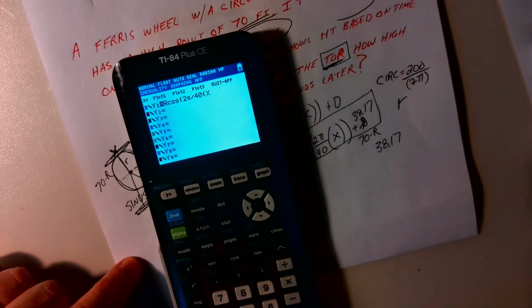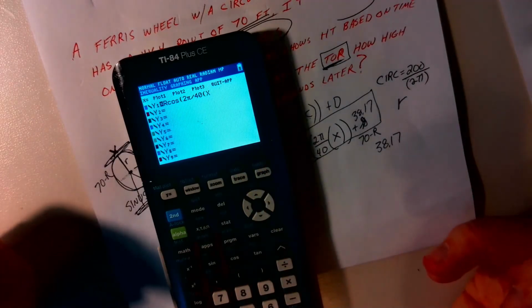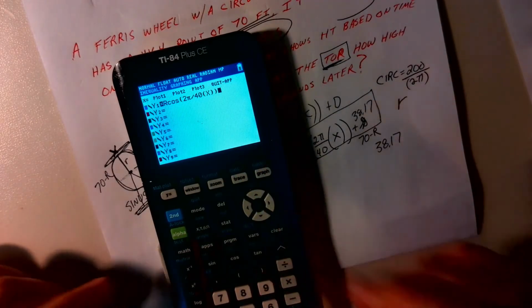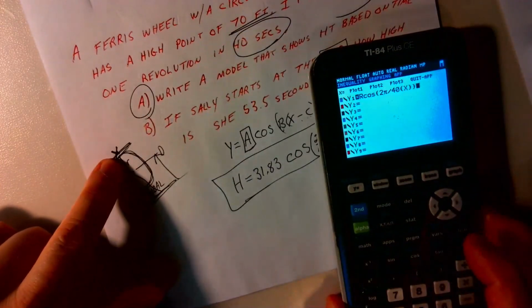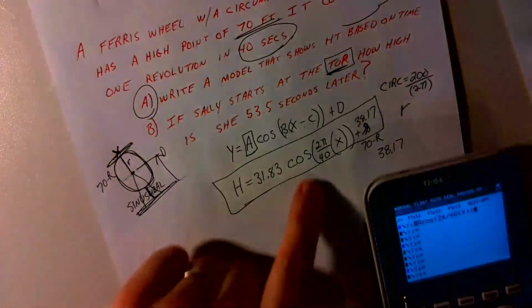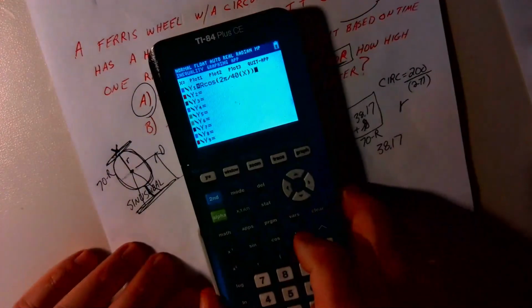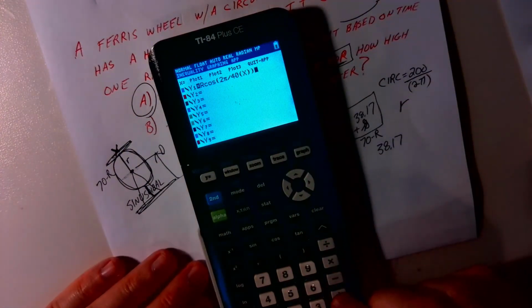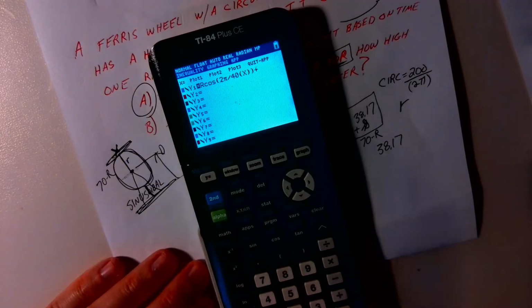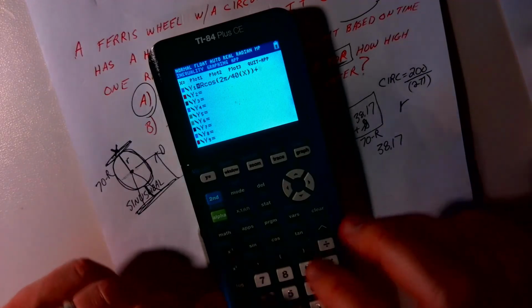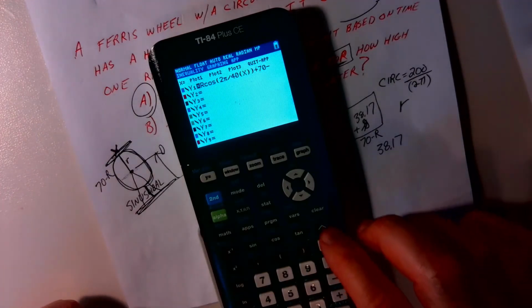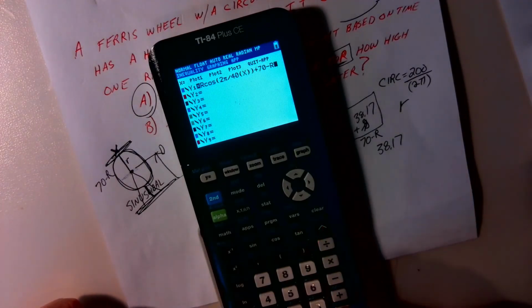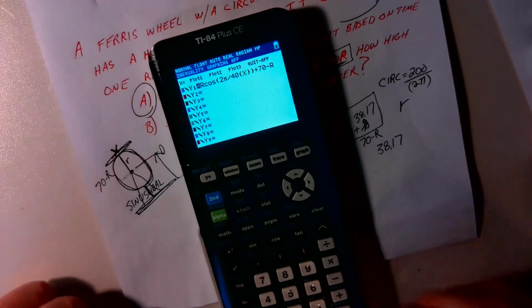Don't close them or else it'll just cosine that and it won't treat the x with your cosine. Double close. Again, no shift needed. Remember, no shift because we're starting right on the top. And that's because we're modeling it with cosine. And then plus that 38.17. Or if I want to be exact, I'm going to do 70 minus the radius. Okay? That's it. That's my beautiful equation.